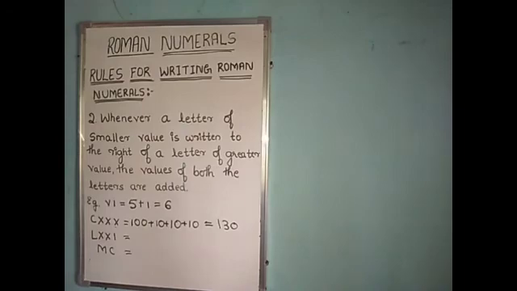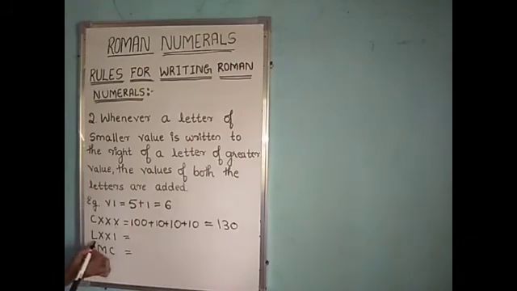Next, L, X, X and I. Here, what is the rule? Whenever a letter of a smaller value is written to the right of a letter of a greater value, the values of both the letters are added.